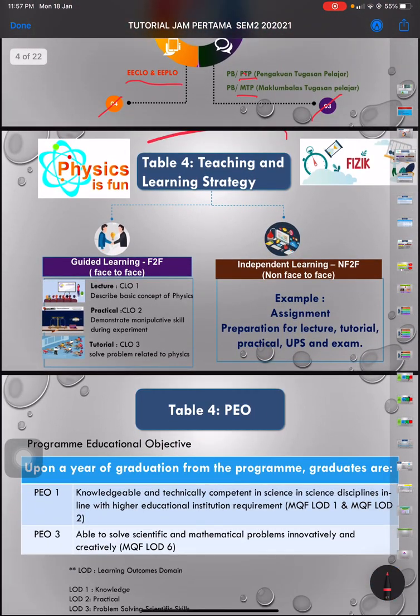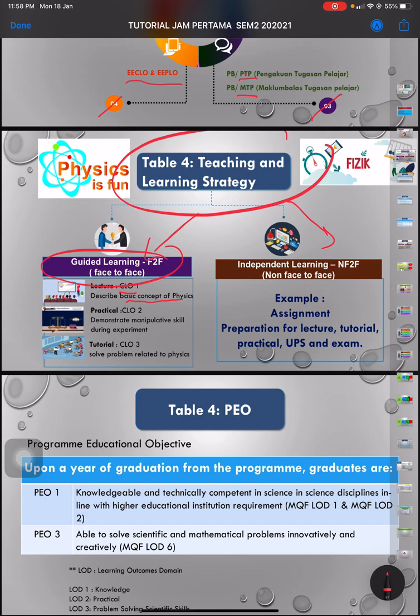Table 4 is for teaching and learning strategy. Now we have two types of teaching strategy. First is face-to-face learning. As you can see here, the lecture covers only CLO1, where we describe the basic concepts of physics, and CLO2 is practical, demonstrating manipulative skill during experiments.